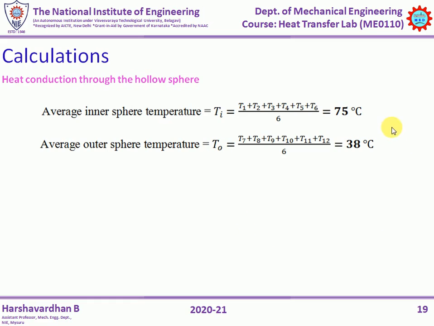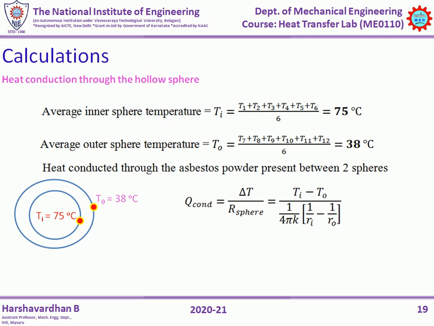So in this case we noticed that Ti is 75 degrees centigrade and To is 38 degrees centigrade. That is, the inner surface is maintained at a temperature of 75 degrees centigrade, and the outer sphere is maintained at a temperature of 38 degrees centigrade when the system attained the steady state.